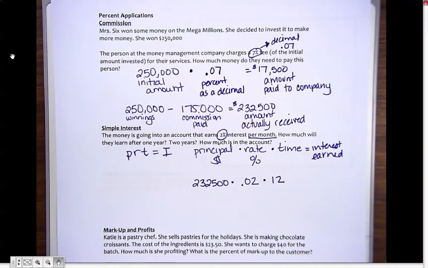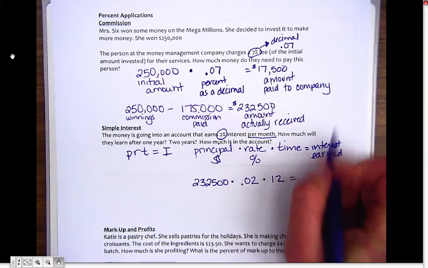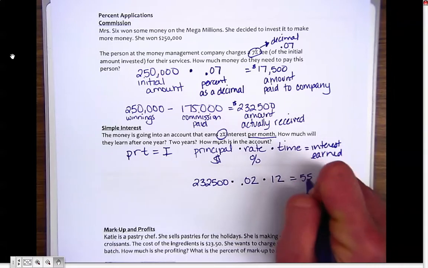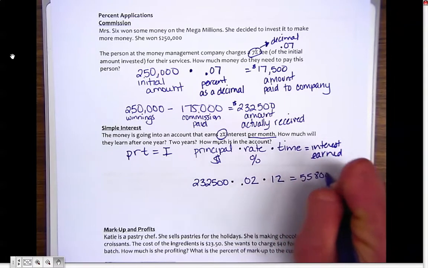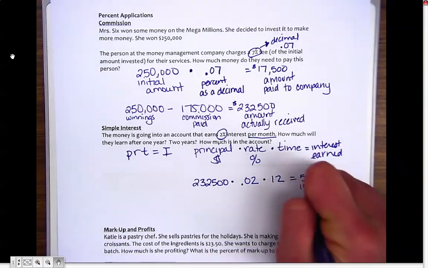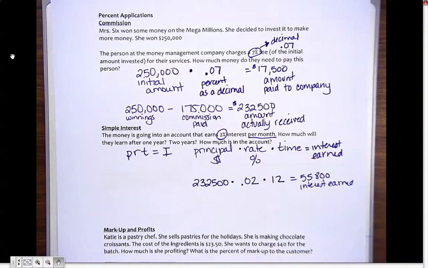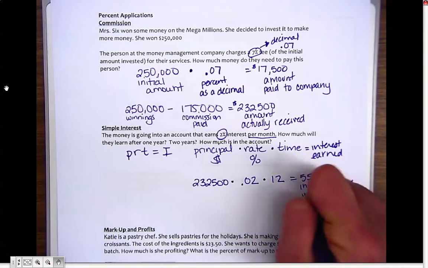So let's see how much we have here. And this is going to earn $55,800 in 1 year. So this is interest earned in 1 year.